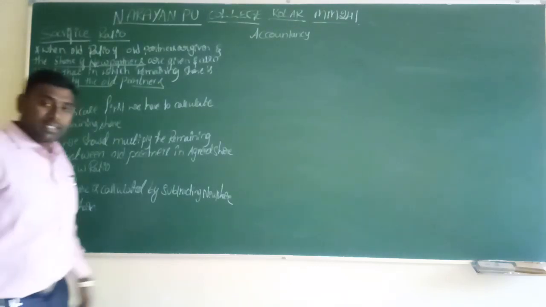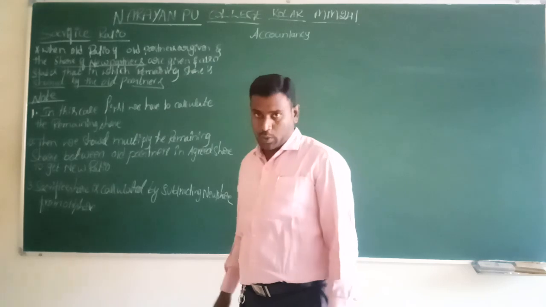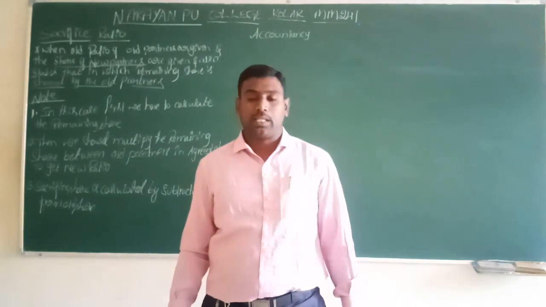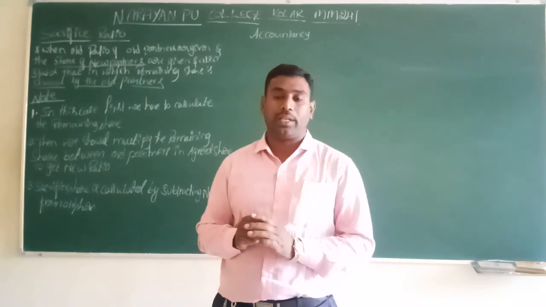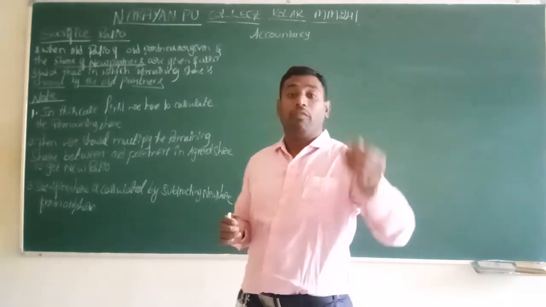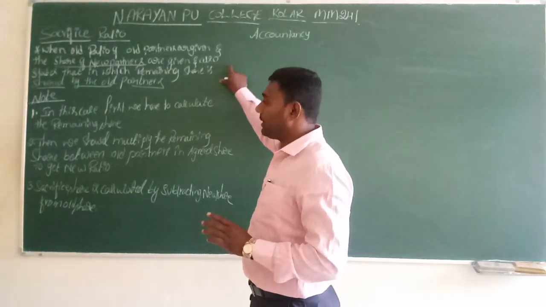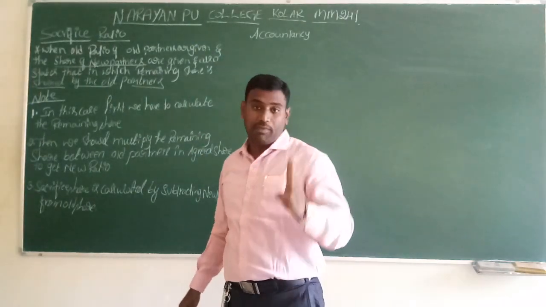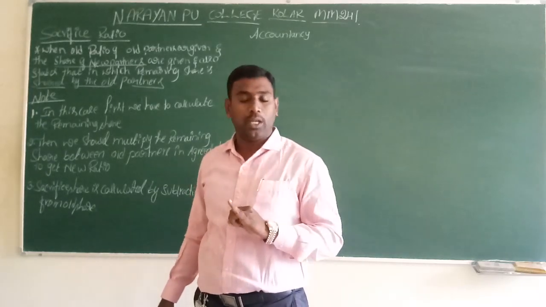So these are the steps with which we calculate the sacrifice ratio. In the first two cases, we won't follow any steps; directly we calculate the sacrifice ratio with the given information. But in case number 3, three values are given. One is the old share or old ratio given in the question.